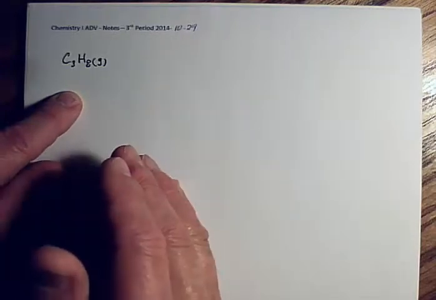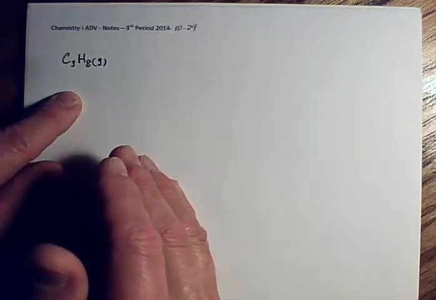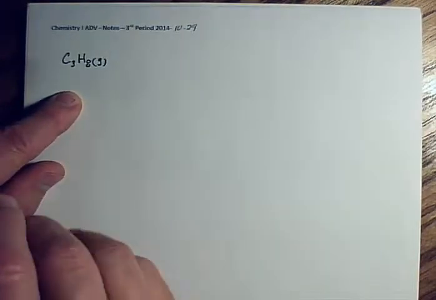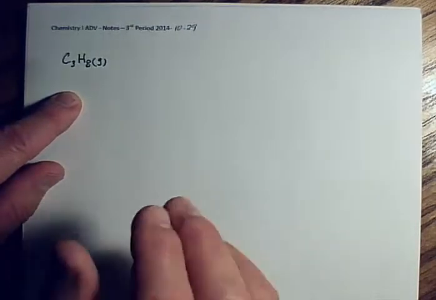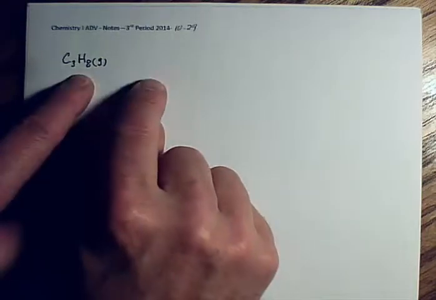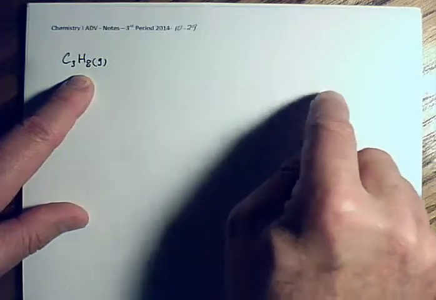And for those kinds of combustion reactions, we're always going to have the same products every time: carbon dioxide and water. Now, there are some reactions that produce carbon dioxide and water that aren't combustion. But if you have a hydrocarbon fuel reacting with oxygen, you're always going to produce water and carbon dioxide, and there's also light and heat.